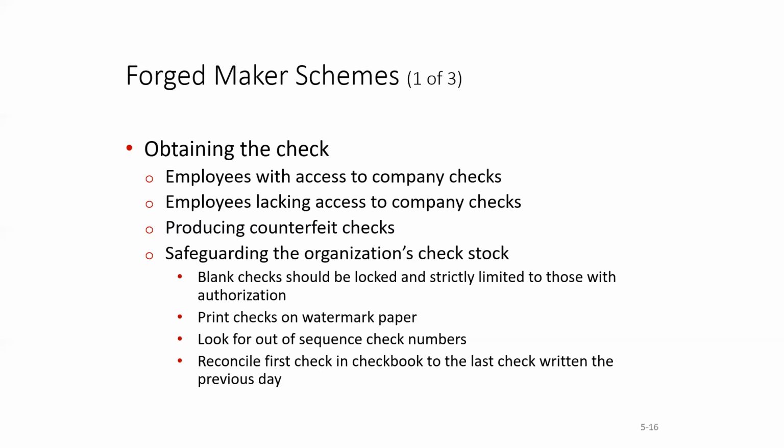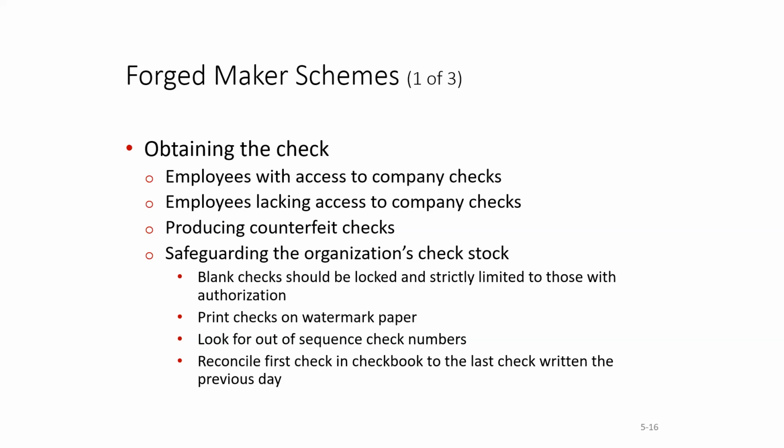So how can we safeguard our check stock? Obviously, we want to keep the check stock under lock and key. Only people who absolutely need to have access to our check stock should have access. So that's the biggest thing.